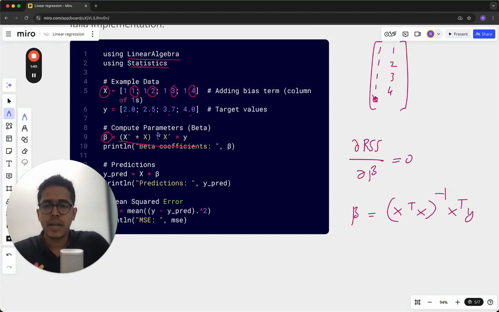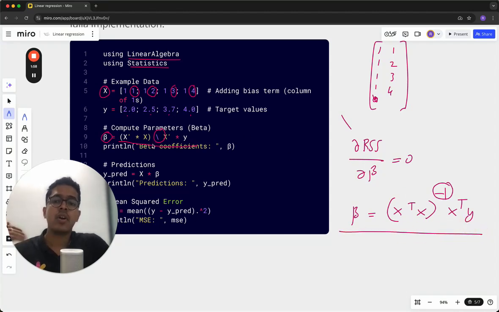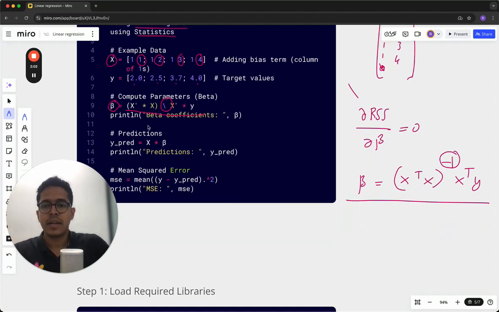And this particular operator, it's called backslash or something, right? This operator basically helps us perform this calculation without explicitly calculating the inverse. So the end result will be the same as what this equation is saying, but here we are not explicitly calculating the inverse. This is much more efficient. And then we can print the coefficients.